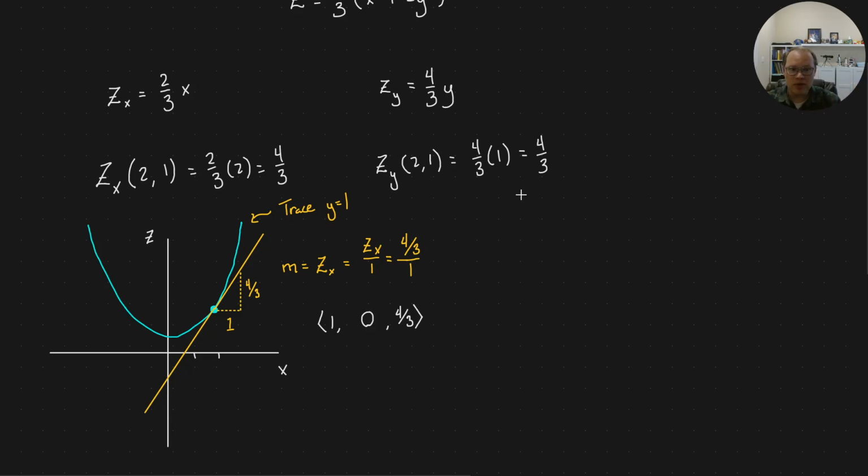Similarly, this is the rate of change in the y direction. So for every 1 unit of change in the y direction, I'm increasing the z value by 4/3 in the z direction. And since I'm holding the x fixed at x equals 2, I'm not changing the x at all. So these are going to be my two tangent vectors.